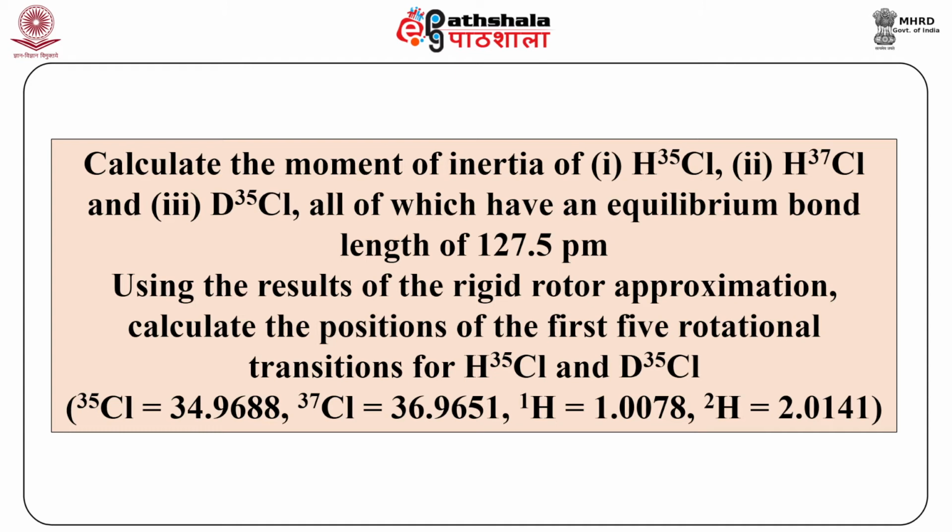Now, one thing that one must emphasize here is that when you are finding out the reduced mass or the moment of inertia of any molecule, you cannot take the average chlorine atomic mass, that is 35.5. You have to take the exact one for either 35 or 37 chlorine, and this is exactly what we have done.